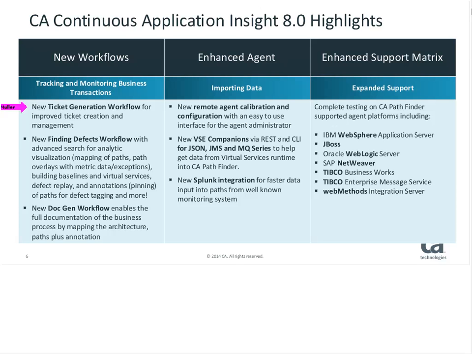Now, the defects workflow is really kind of cool. What we've done here is started looking at what analytics or different information our customers are interested in to find their defects. So a great example is, you know that there's error messages written, say, in log4j in the log files, but you have a 12 gig log file, and then you know it happened at some point yesterday.